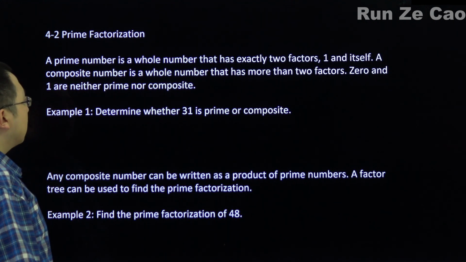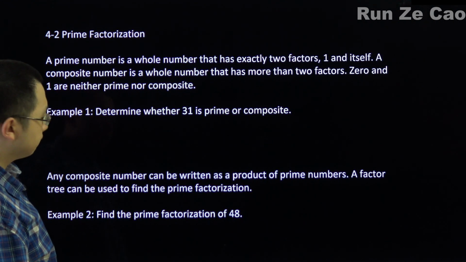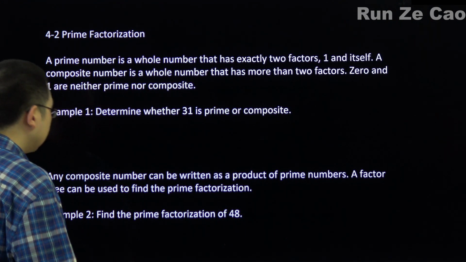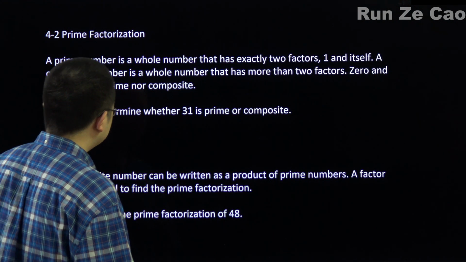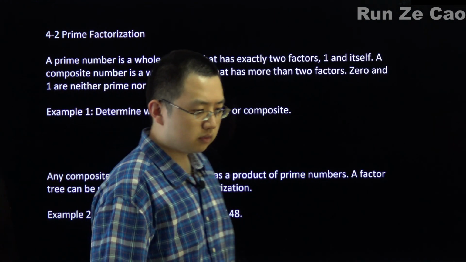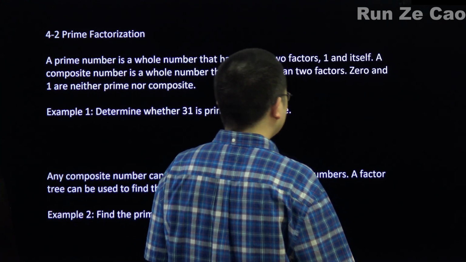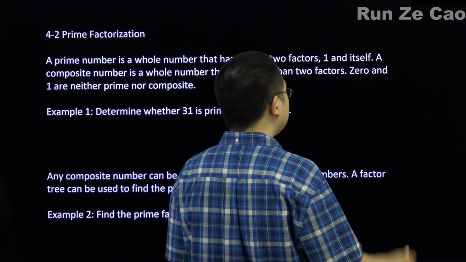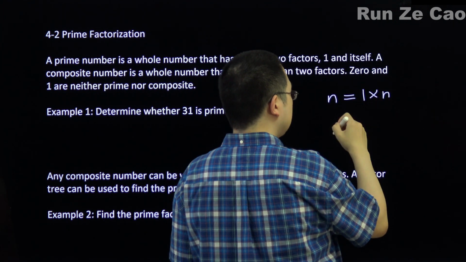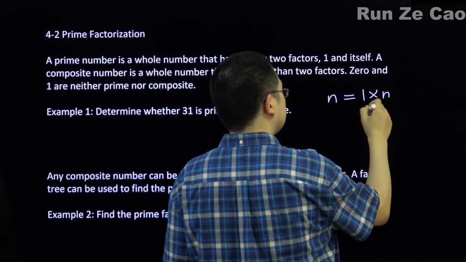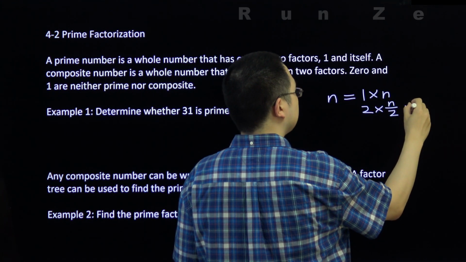Okay, determine whether 31 is prime or composite. What numbers can divide 31? Well, if you notice something, if you have factors of, say, some number n, it's going to be equal to 1 times n, and then 2 times n over 2, maybe.